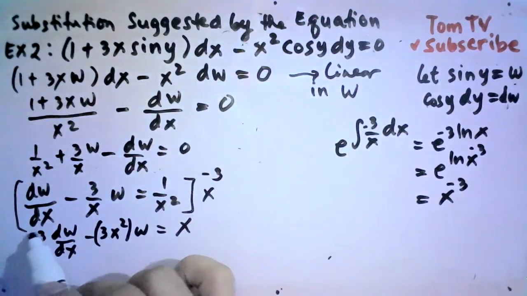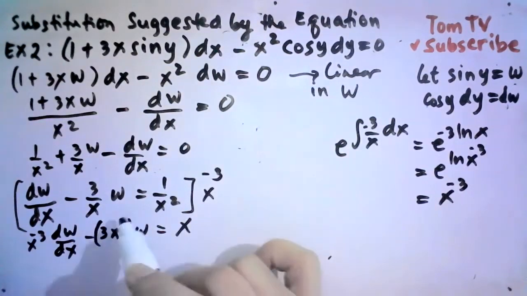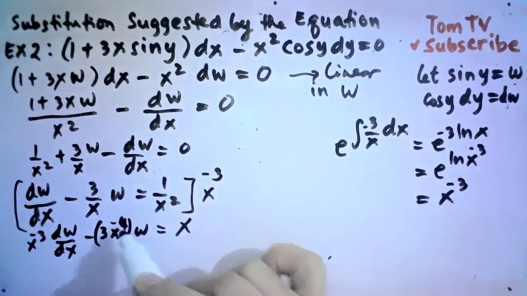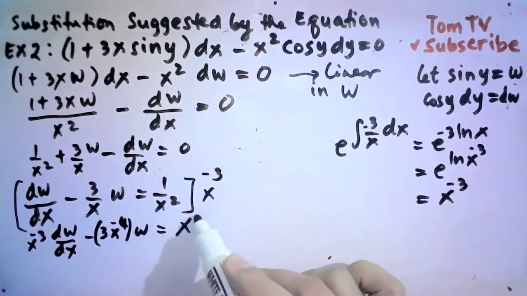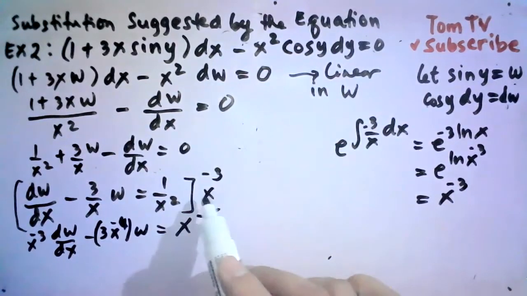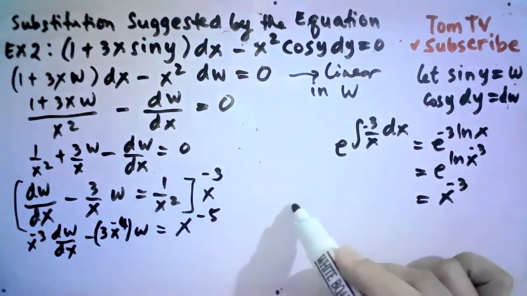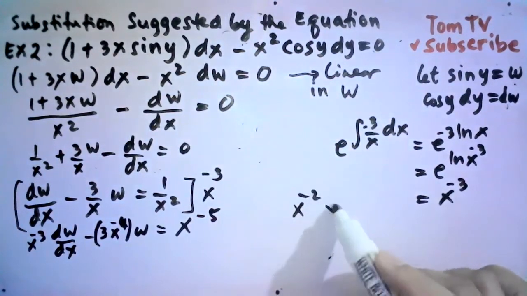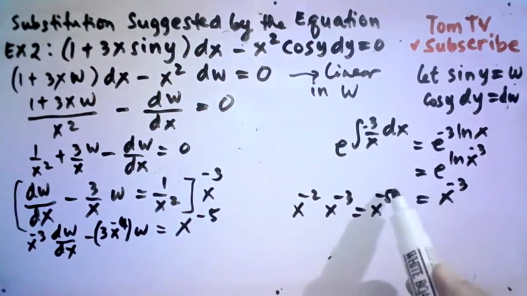Then negative 3 times x, this is negative 4. And then we have negative 3 times x squared, that is negative 5. For this case, if we raise x squared, we have x to the negative 2, and then x to the negative 3, that is x to the negative 5.